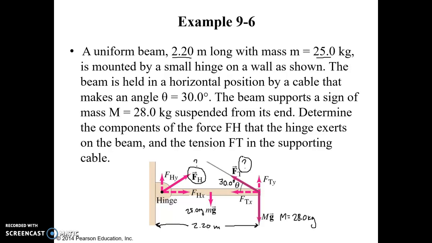So we want to know these two forces. In order to find these two forces, we first can find their vertical and horizontal components, and then once we know that, we can find the magnitude of the forces. Okay, so let's get started here.